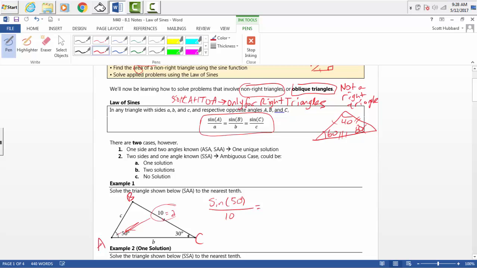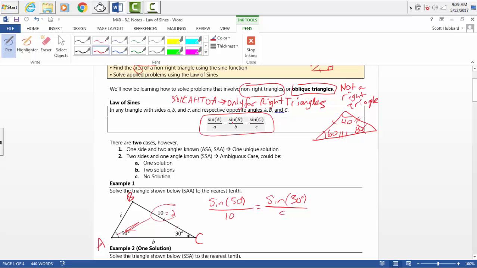They're not touching. So sine of 50 over 10, according to this formula, is the same thing as, say, sine of 30 over its side, like that. That's what we mean by the sine law: if you have sides a, b, and c, and the angles big A, big B, big C, where they're opposite and not touching the side, then we can apply these ratios.